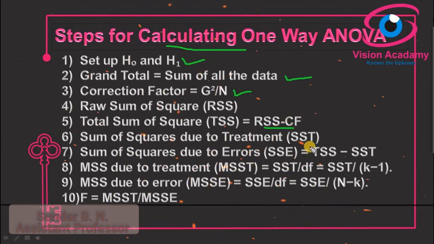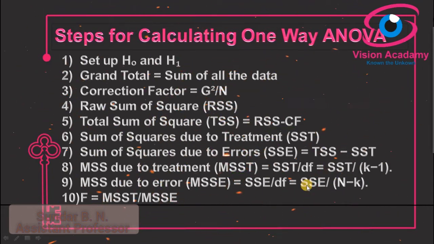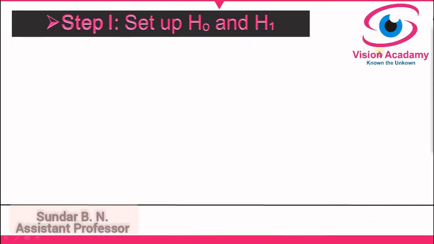Sum of square due to treatment, sum of square due to error, for that TSS minus SST, and then mean sum of square due to treatment, and mean sum of square due to error, finally the F ratio. These are the very important steps you need to follow to solve the one-way ANOVA, and finally you need to give a conclusion. So let us formulate a null and alternative hypothesis for this.